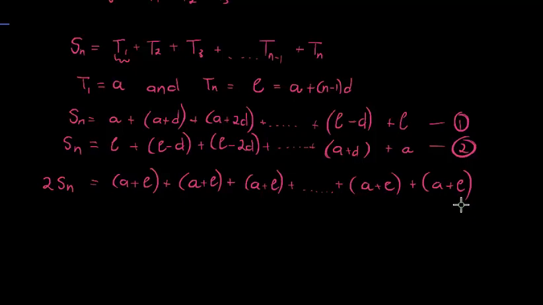How many A plus L's are there in total? So let me ask you, in the beginning, how many terms were there in this expression? N terms. That's what the N means. How many terms were there here? N terms. So if I add them together, how many of these little brackets will I have?